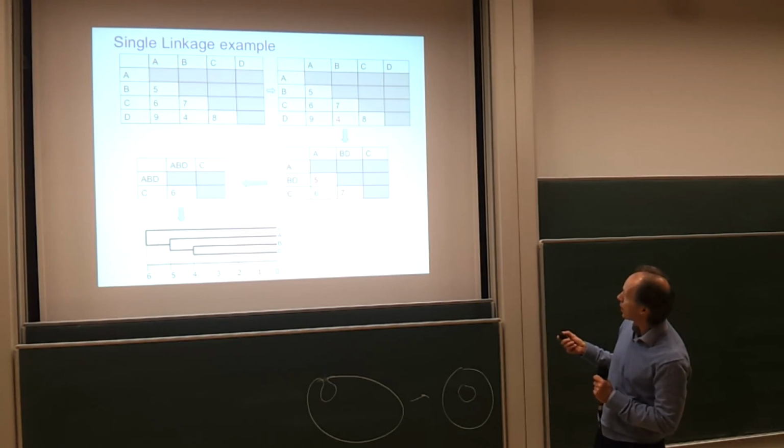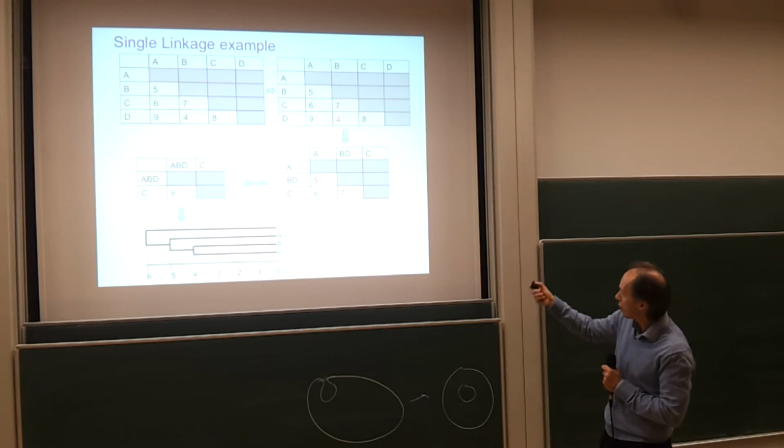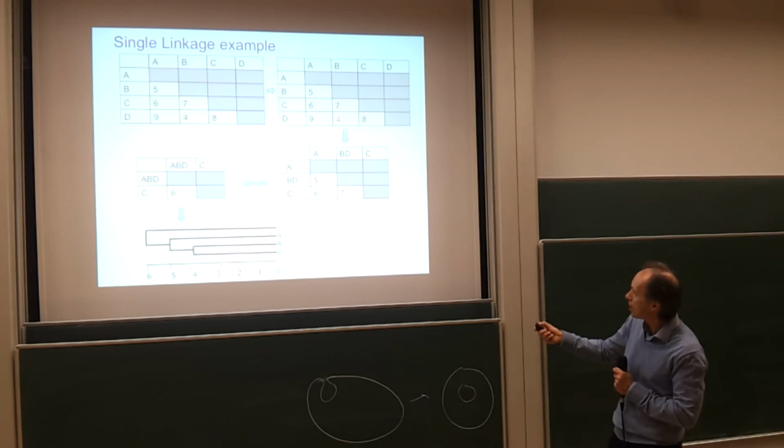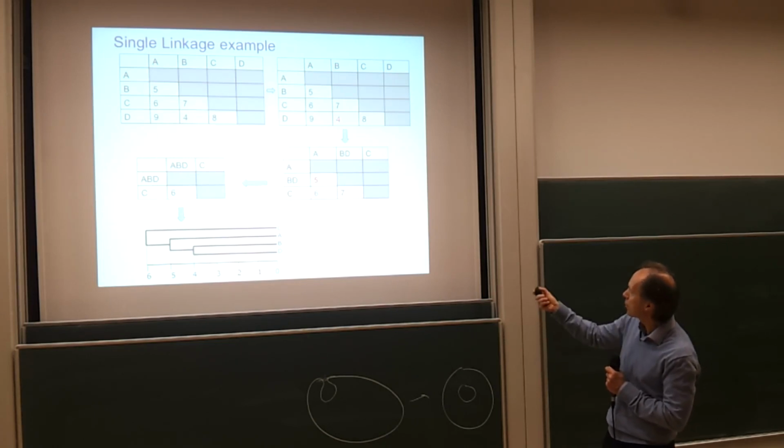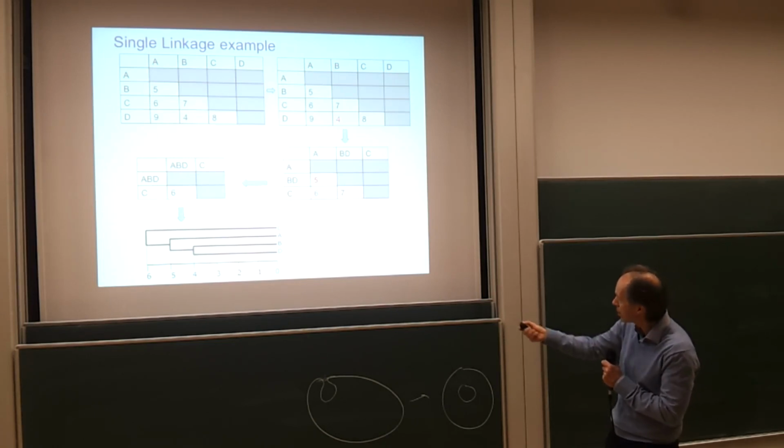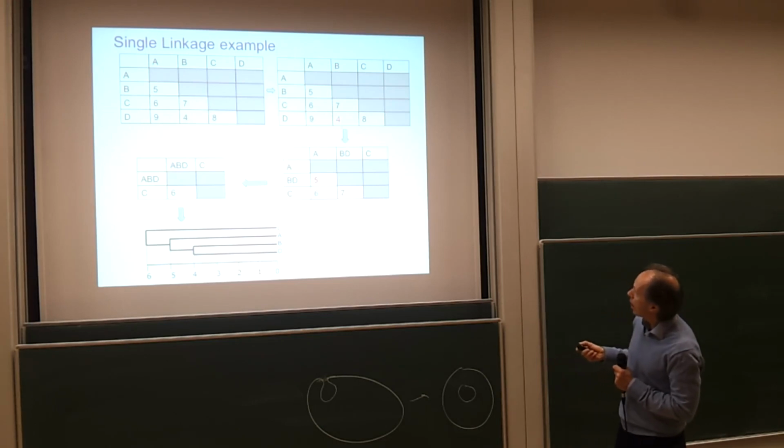What should we now recalculate? We take those two together. So our matrix is going to shrink. We have point A still, we now have cluster BD, and we have point C still. We have now a 3 by 3 matrix. How is this distance coming about? Why is this 5? Who can tell me that?